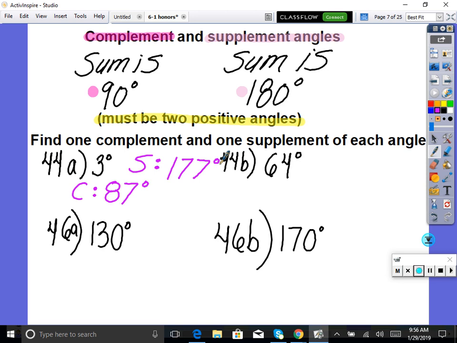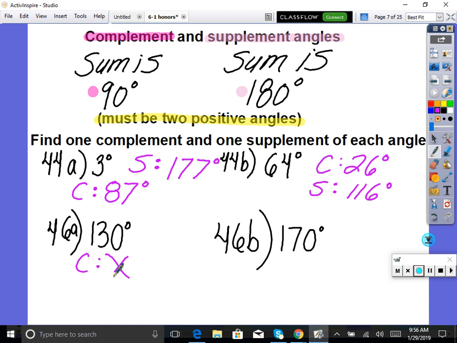Okay, let's do 44B. So you would say 64 plus what equals 90? 26. So our complement is 26 degrees. And the supplement, 64 plus what equals 180? 116. Good. Now look right here though. 46A, 130 doesn't have a complement. No, because we have to subtract to get back to 90.